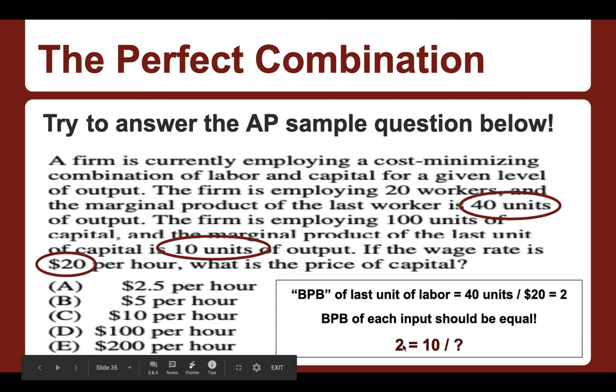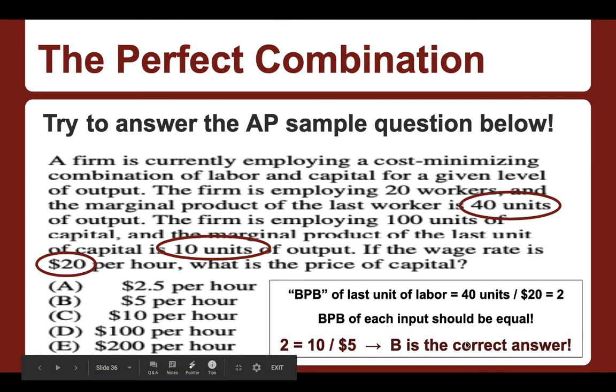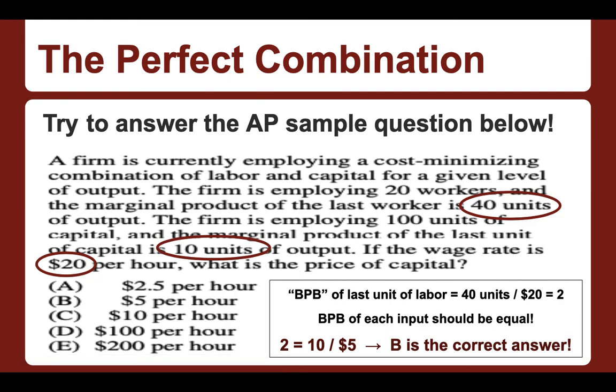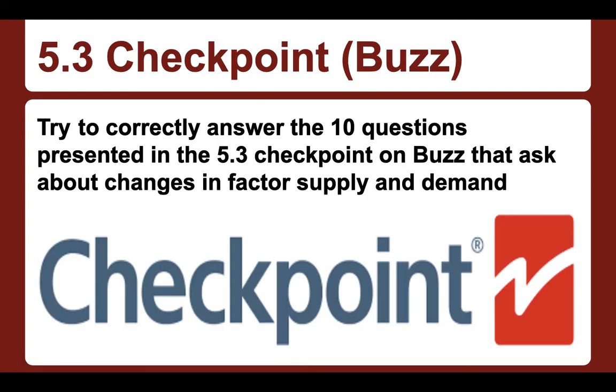In other words, 2 is equal to 10 over what? And the answer is $5. And guess what? That is one of our options. It's answer B, and that is the correct answer. So we're just applying that utility theory, the consumer equilibrium, to a factor market in this case.